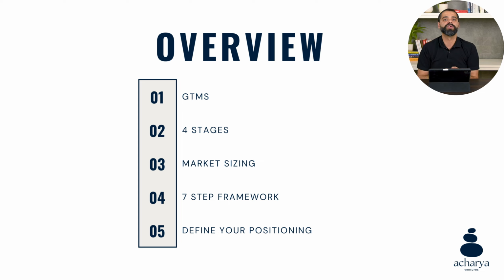For all those who are looking to raise investments, this is going to be one of the key questions that needs to be answered for your investors. Then we're going to be working with a 7-step framework that will help you establish your go-to-market strategy. And finally, we'll define your positioning.